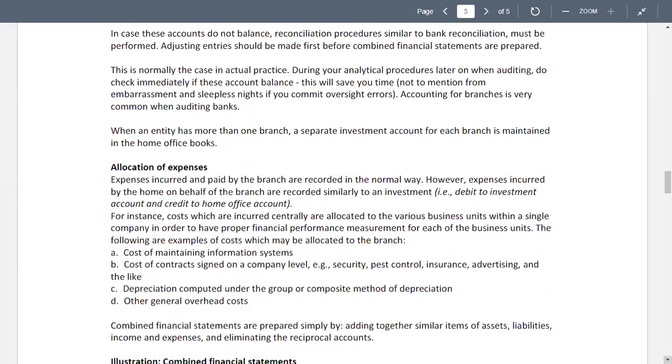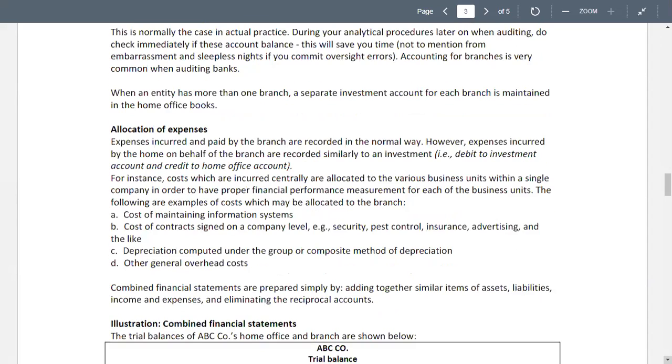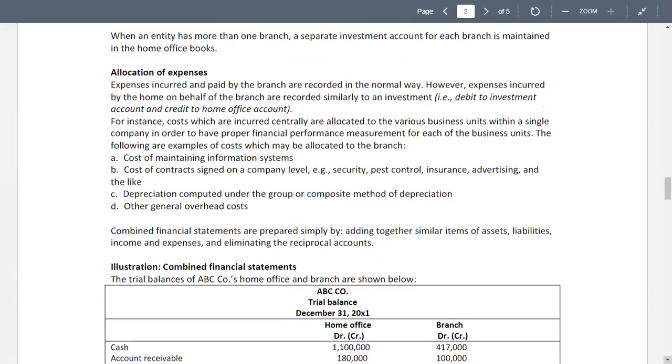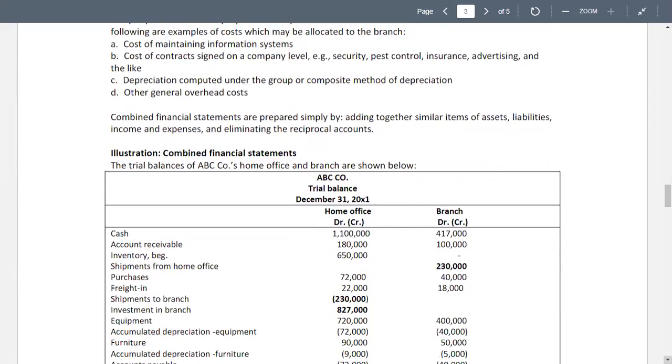Combined financial statements are prepared simply by adding together similar items of assets, liabilities, income, expenses, and eliminating the reciprocal accounts. So here we have your combined financial statements.